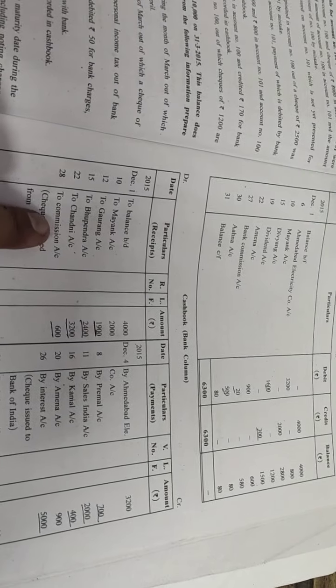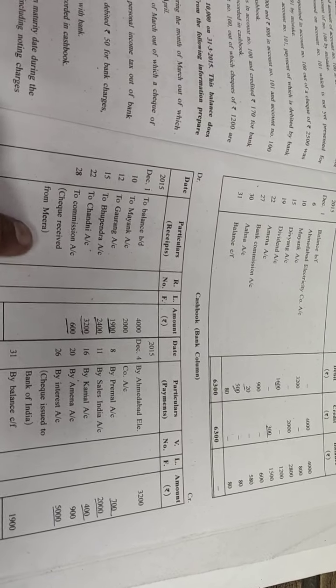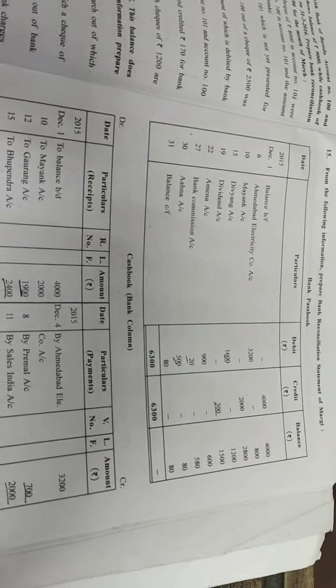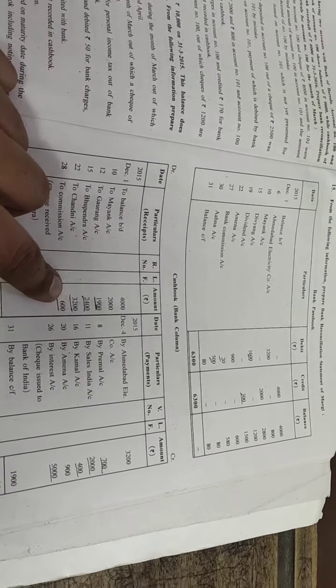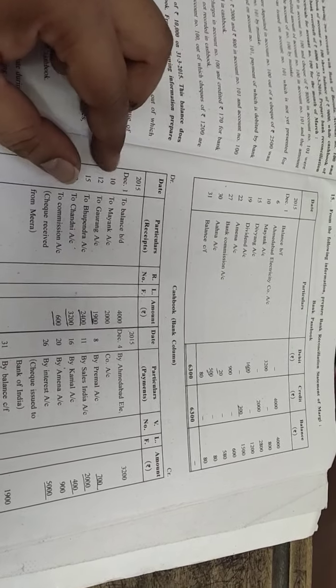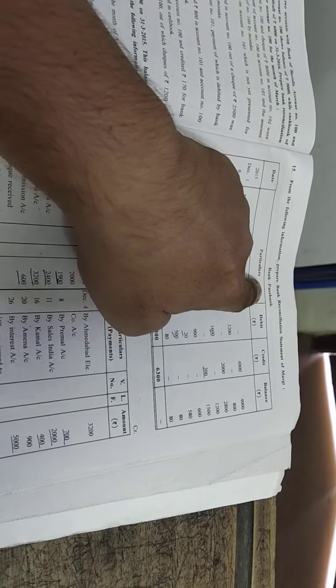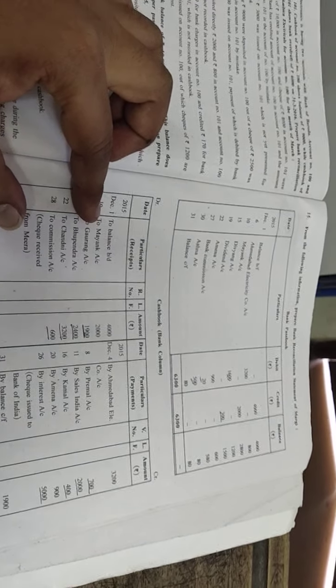And then commission rupees 600, that is check receipt from Meera, so we can see there is no name of Meera or any amount rupees 600 at the credit of passbook. So these four items, 1900, 2400, 3200 and 600, which are there at the debit side of cash book but not at the credit of passbook, we will be crediting in our BRS.